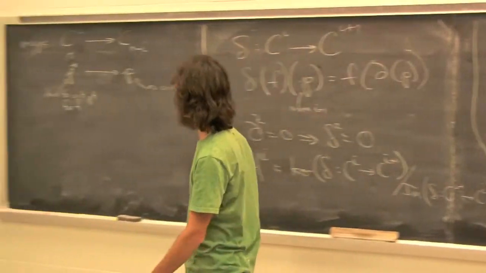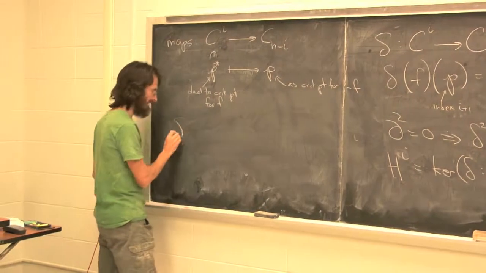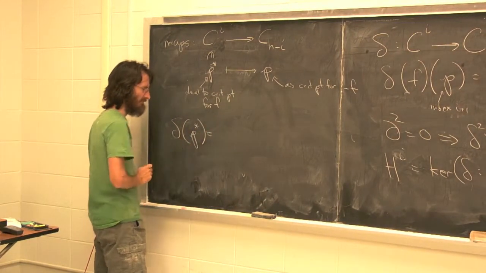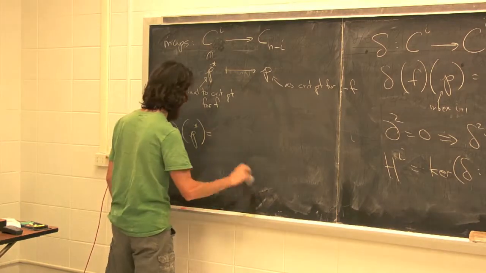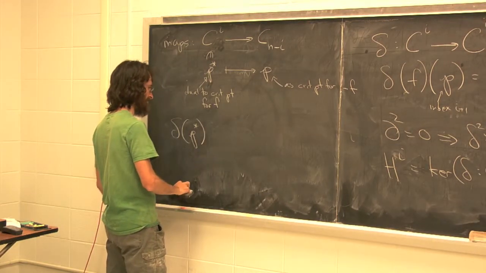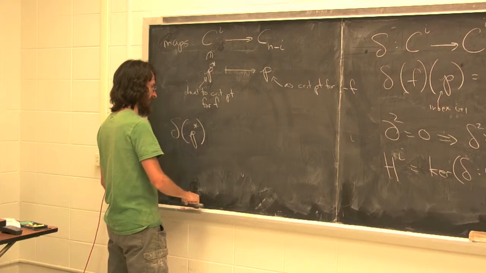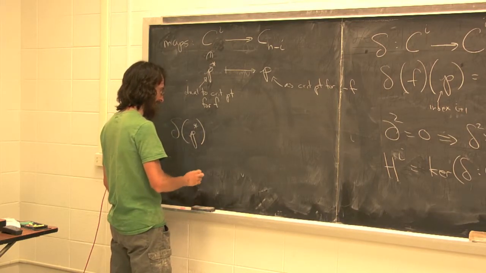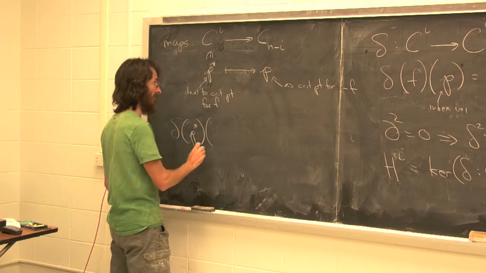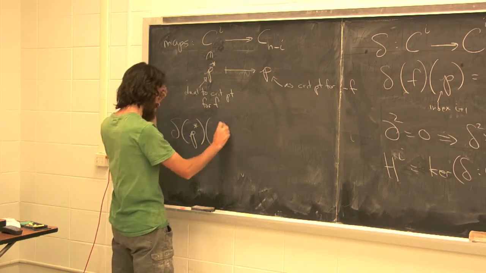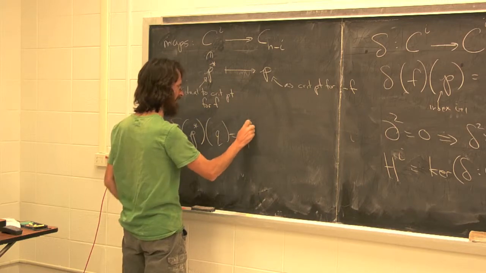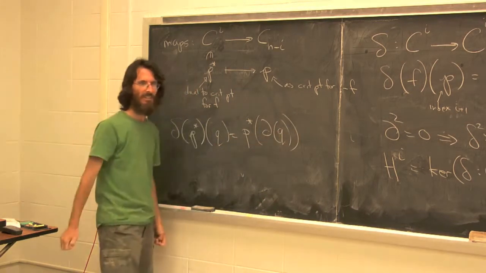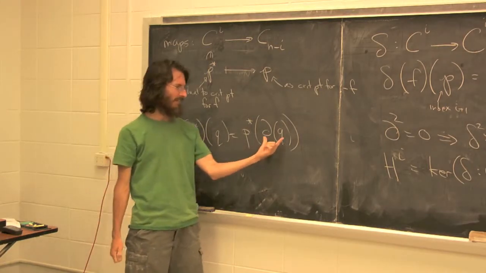So what is the coboundary of P star? We want to figure out what that is. So how about we evaluate it on Q? Remember, this is P star of the boundary of Q. And all that's saying is how many flow lines are there.